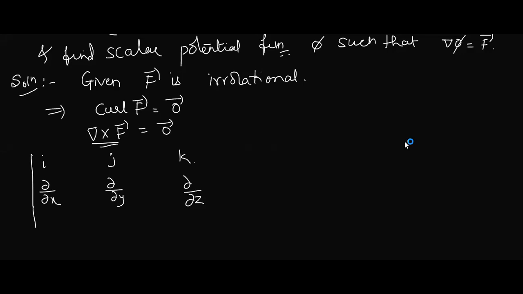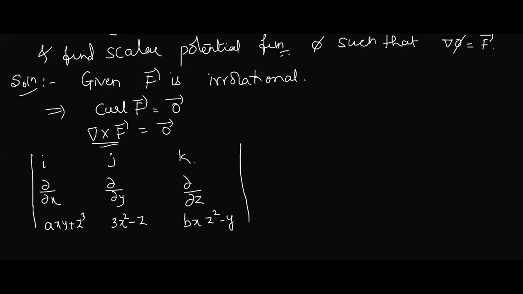Third row is for the i, j, k coefficients of F: axy plus z cube, 3x square minus z, and bxz square minus y. Hope clear.